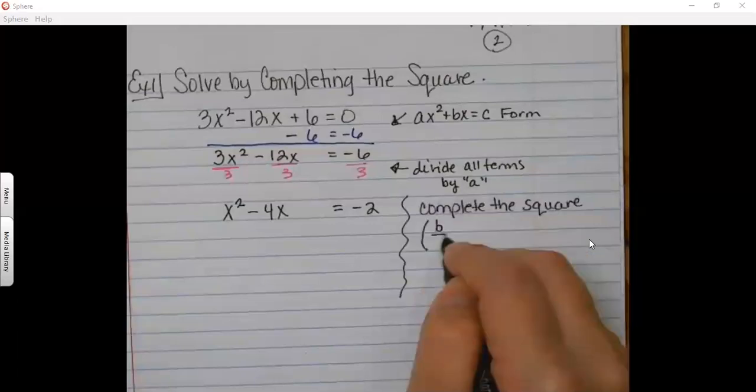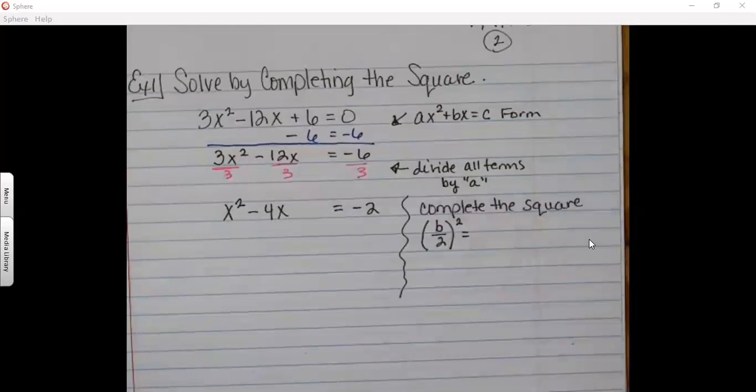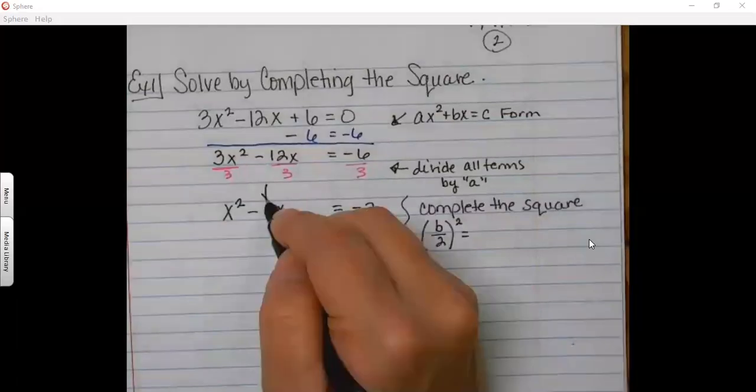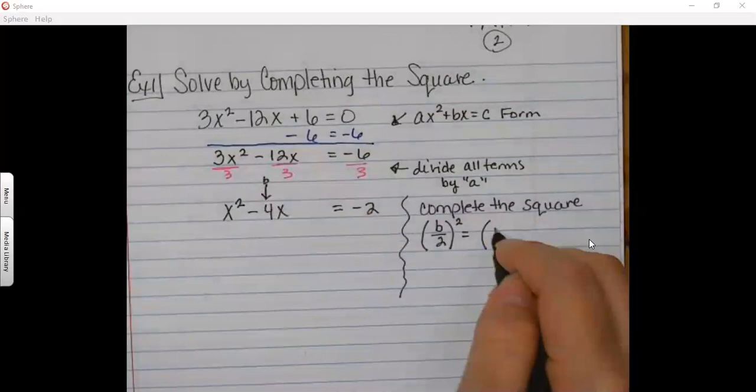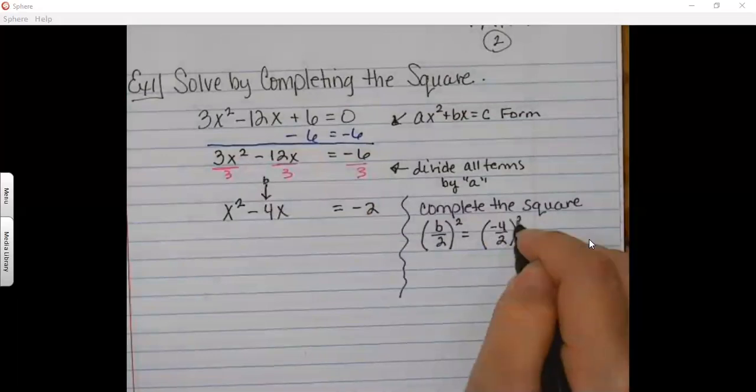We're not talking about our original b, we're talking about our new b. Not the original b, the new b. So b is negative 4. I'm going to substitute that into that little formula that I gave you.